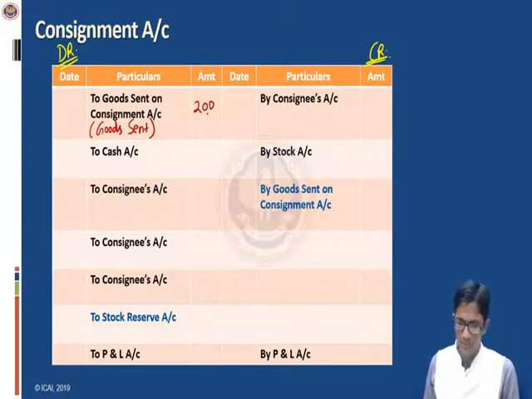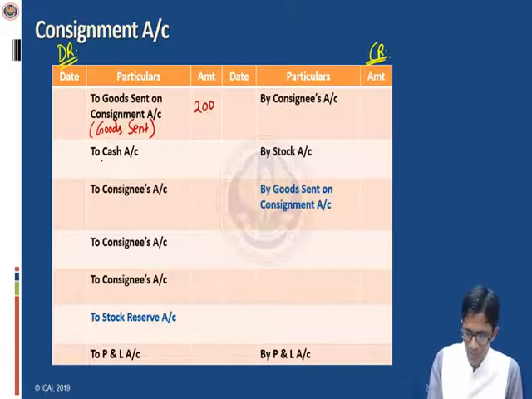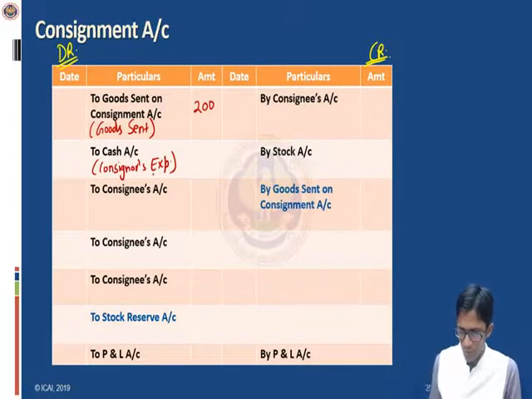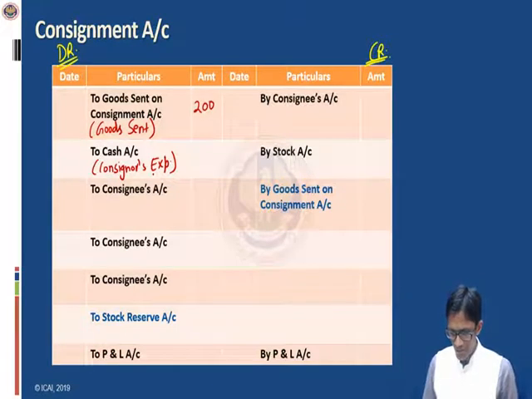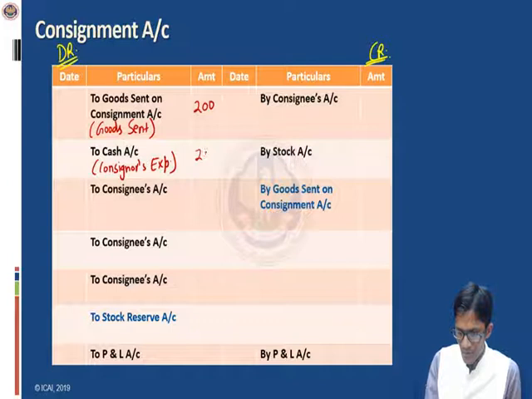Next, the second entry on the debit side is to cash account. Can you recognize what it is for? This entry is for consignor's own expenses. I think that we had taken consignor's expenses to be rupees 20.